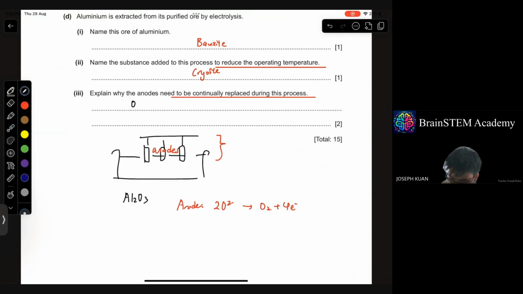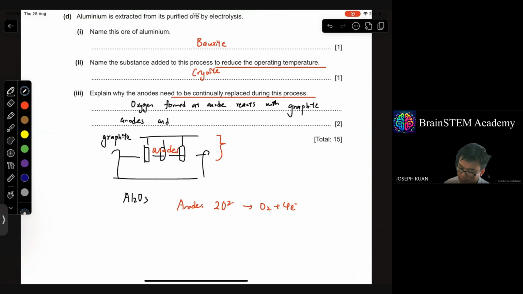So it's because of the oxygen gas that is formed at the anode. It reacts with the anodes, which are actually made from graphite. So it reacts with the graphite anodes, and that forms carbon dioxide. Meaning the graphite anode and the oxygen react together and form carbon dioxide.